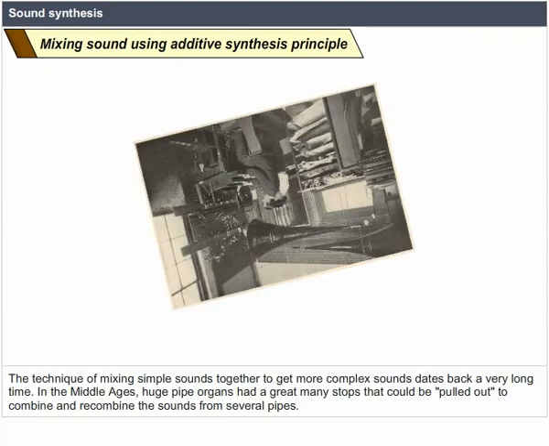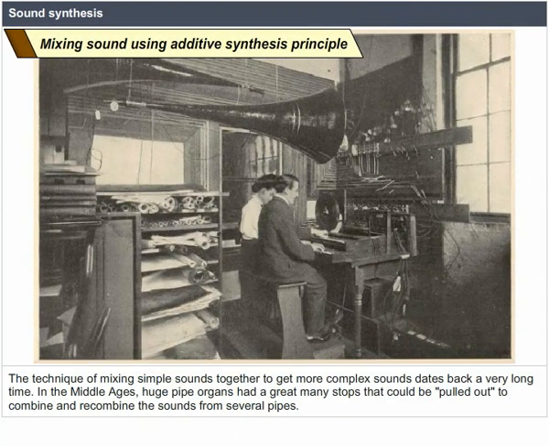Mixing sound using additive synthesis principle. The technique of mixing simple sounds together to get a more complex sound dates back a very long time. In the Middle Ages, huge pipe organs had a great many stops that could be pulled out to combine and recombine the sounds from several pipes.